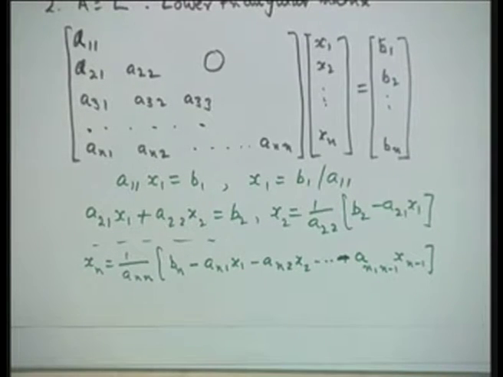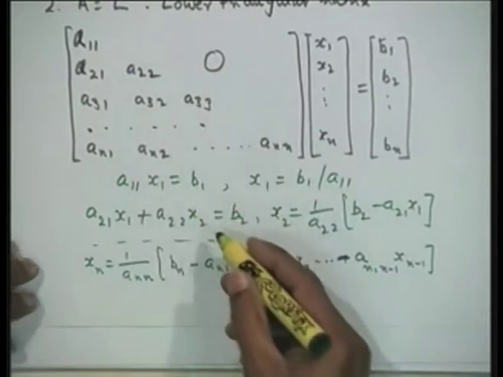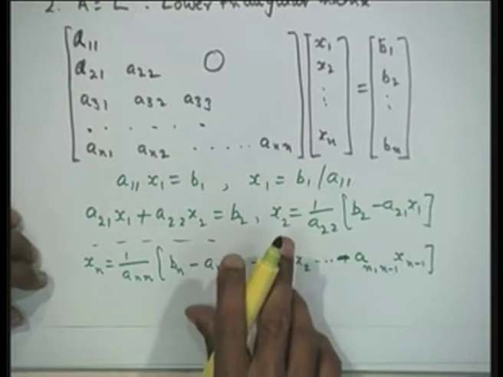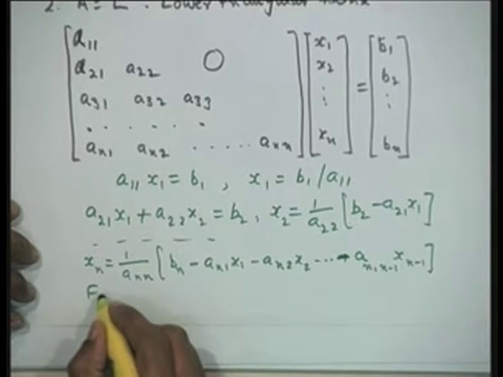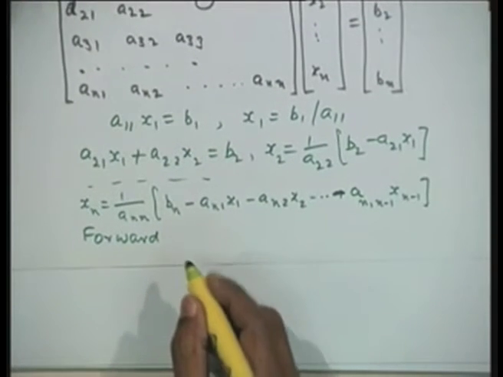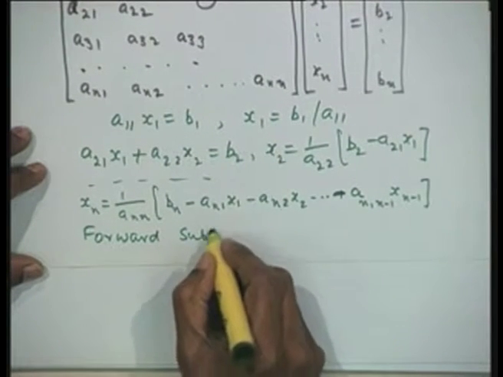Therefore, in this case also we are able to solve the system without any special computation, except that we start with the first variable and then come forward. Therefore, we shall call this a forward substitution method.